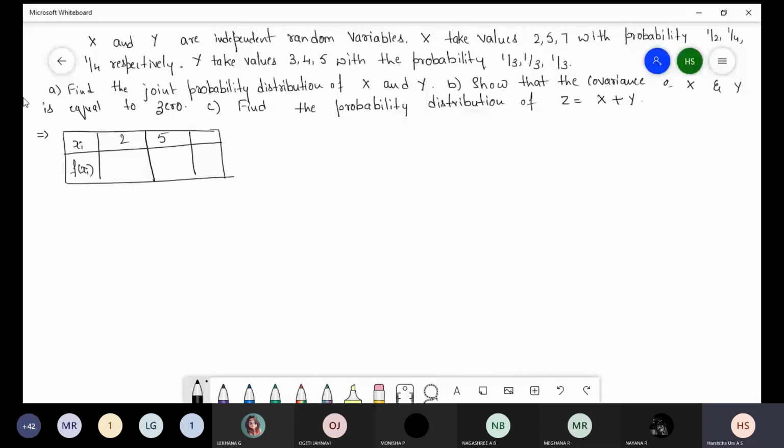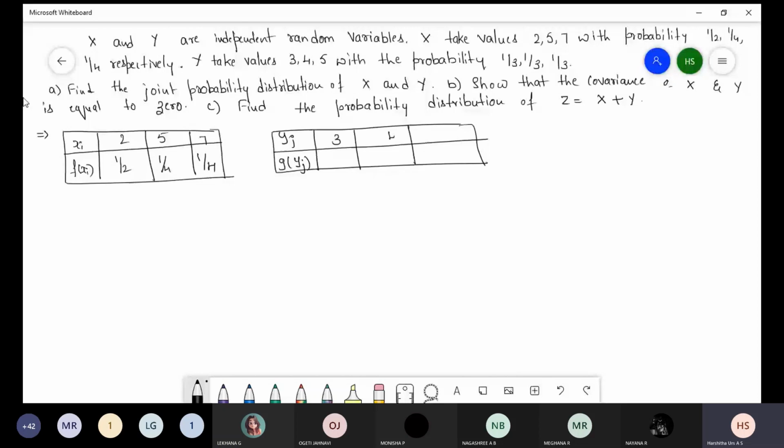Next, the distribution of y. Yj, here g of yj. Y takes values 3, 4, 5 with probabilities 1/3, 1/3, 1/3.